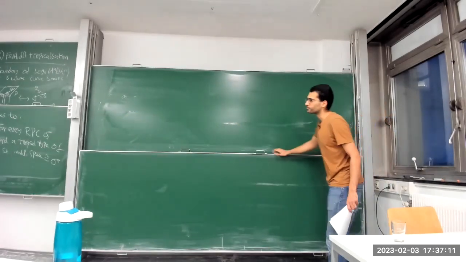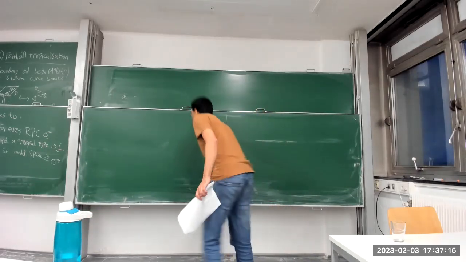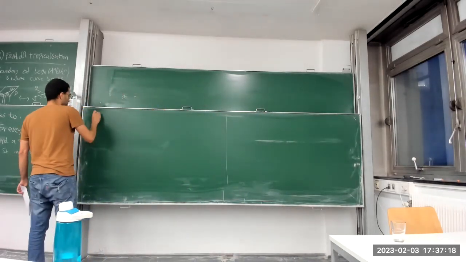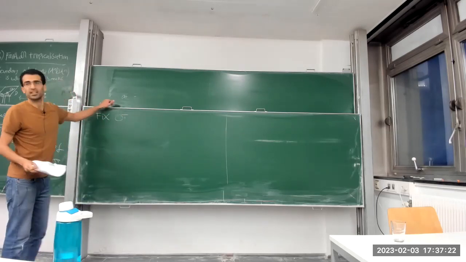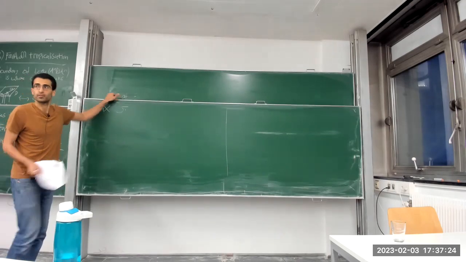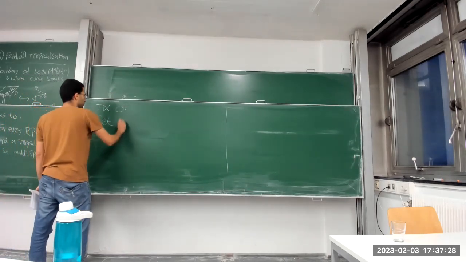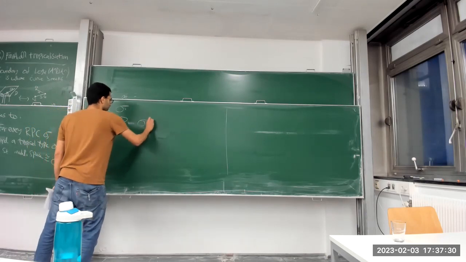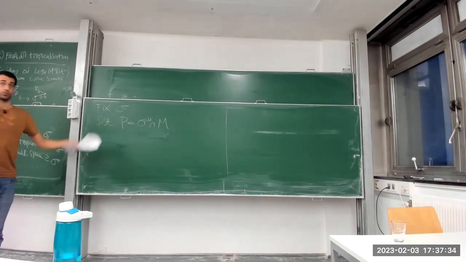Okay, so we fix our sigma, and for various reasons, we find it easier to work on the dual side. So we let P be the semigroup of the points of the dual cone.